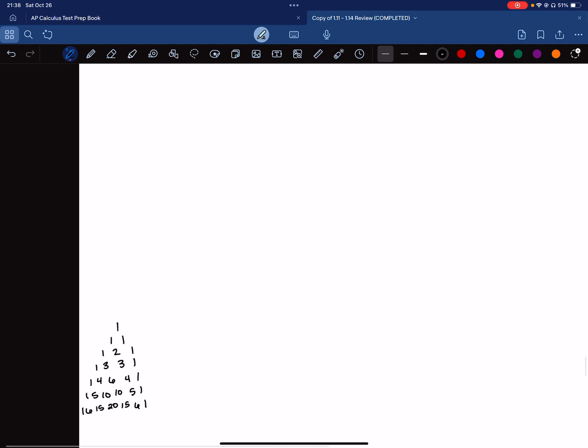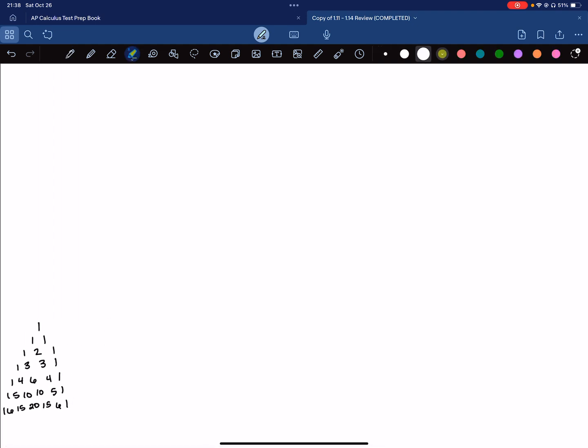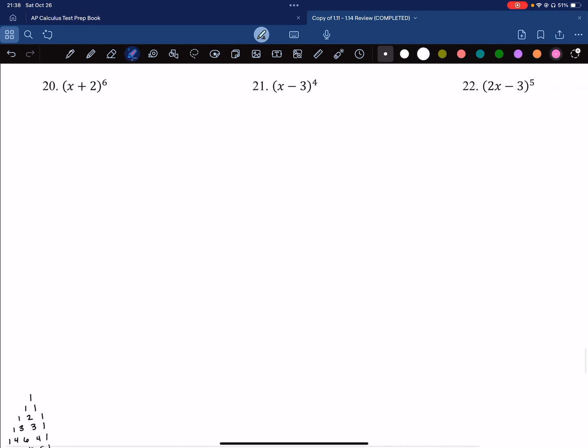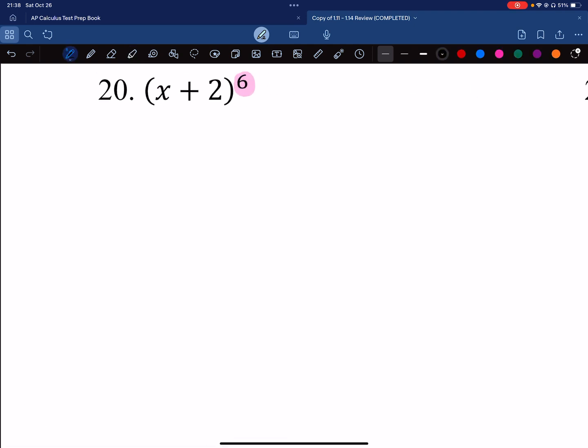So that is what we want for this one because our exponent is an exponent of 6. So I'm going to use those as my coefficients: 1, 6, 15, 20, 15, 6, and 1.